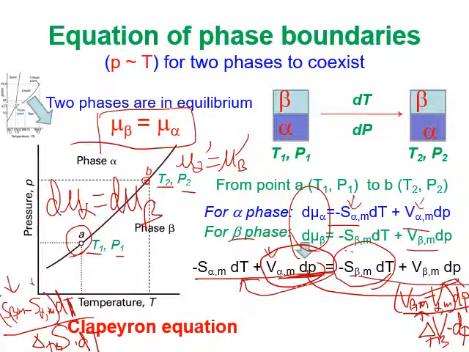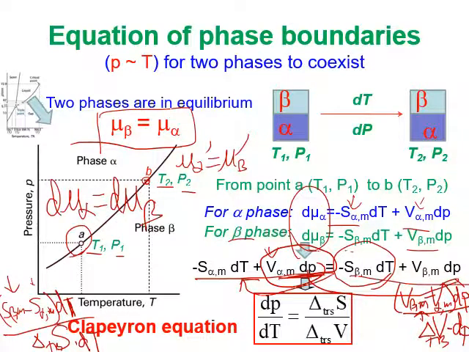If these two are the same, then we can again rearrange. We have this equation: dP divided by dT equals delta S, the phase transition entropy, divided by the volume change due to the phase transition. This equation is called the Clapeyron equation. So what does the Clapeyron equation tell us?